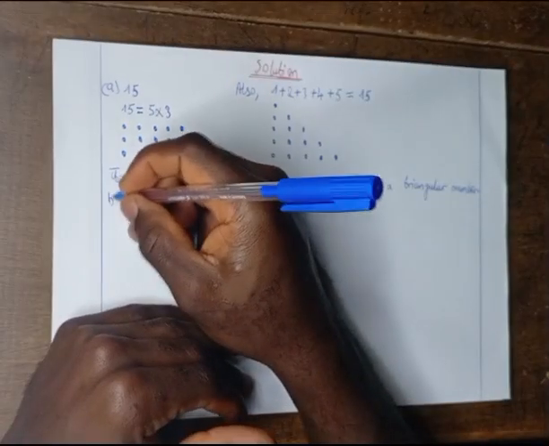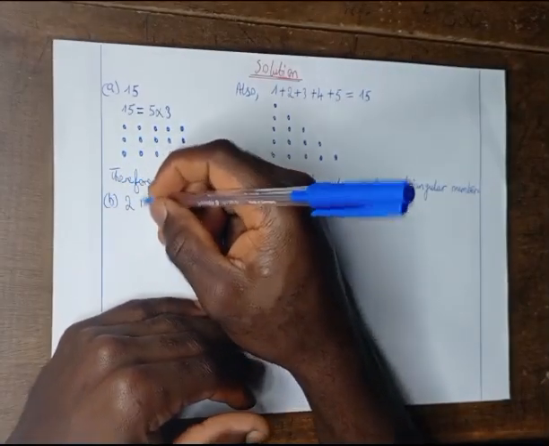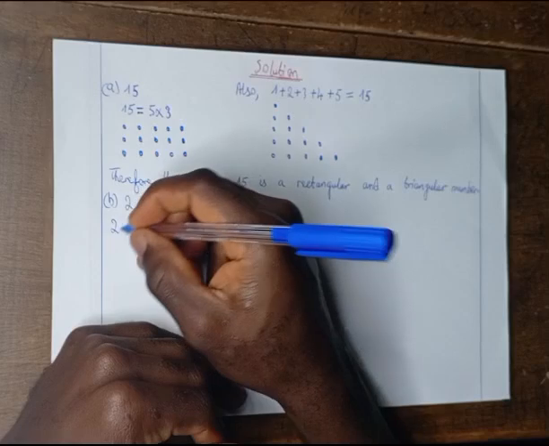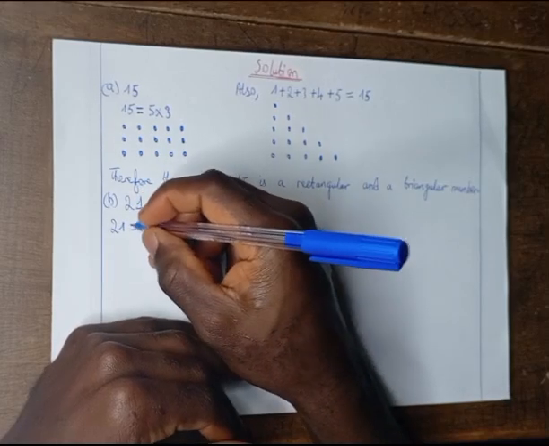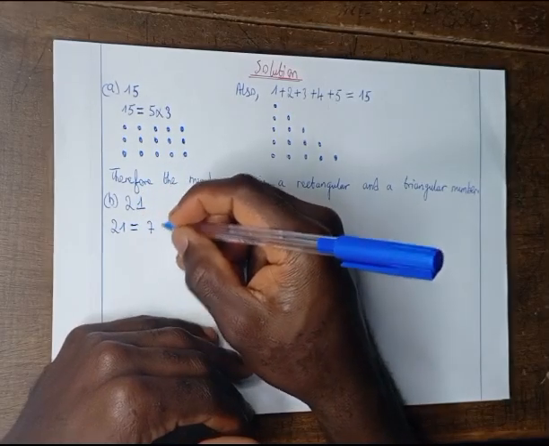We go now to B. For B, we have the number 21. First, we can express 21 as a product of two different numbers. We can express 21 as 7 times 3.